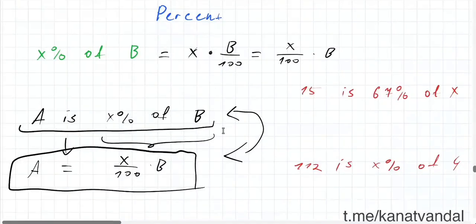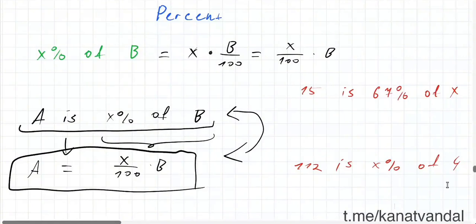Being able to interpret this phrase and translate it into the corresponding equation allows you to solve quite a number of different problems related to percents. For example, you are already able to solve these sorts of questions: a number is some number of percents of what? Or a number is how many percents of another number?